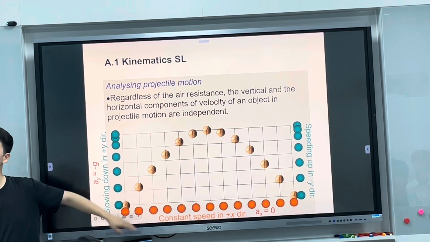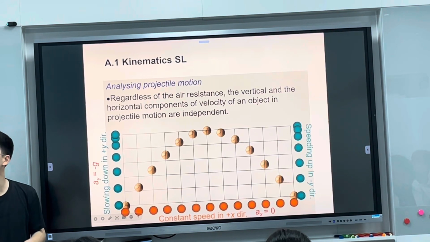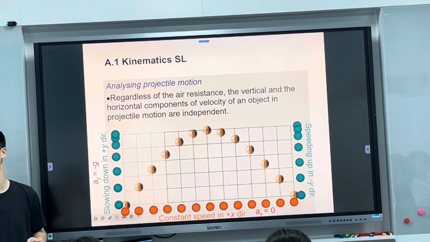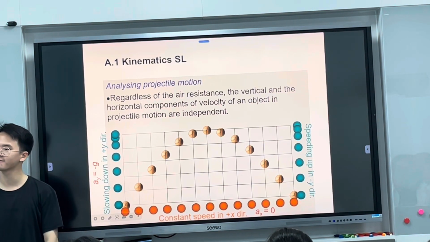Why is ax equal to 0? What causes acceleration? Changing speed is the result of acceleration, not the cause of acceleration. Force. So why is ax equal to 0?